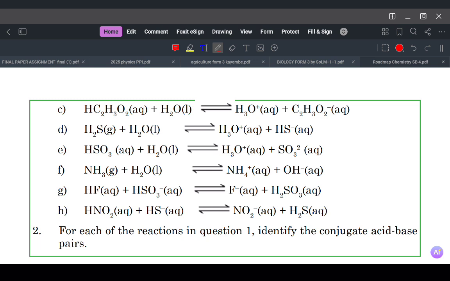So for the time being, this is behaving like an acid, donating a hydrogen to water, so that water becomes a hydronium ion.